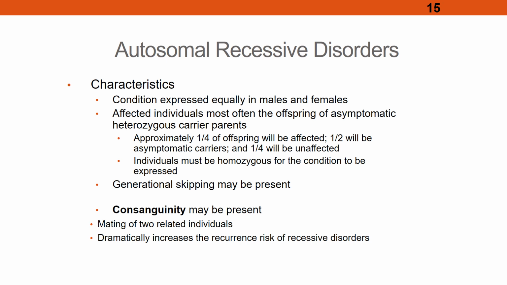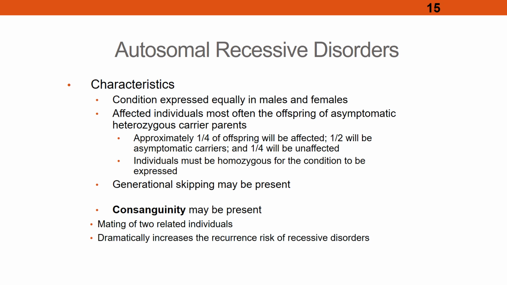Autosomal recessive disorders will again be expressed equally in males and females because they are not sex linked. Most often, the offspring have parents who are carriers but don't have the disease. They are unaware most of the time. A quarter of the offspring will be affected, half of them will be carriers, and a quarter will be unaffected.